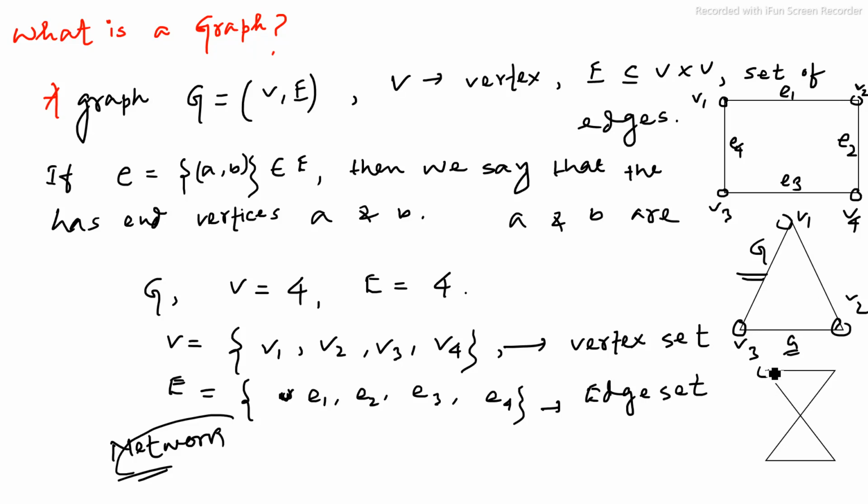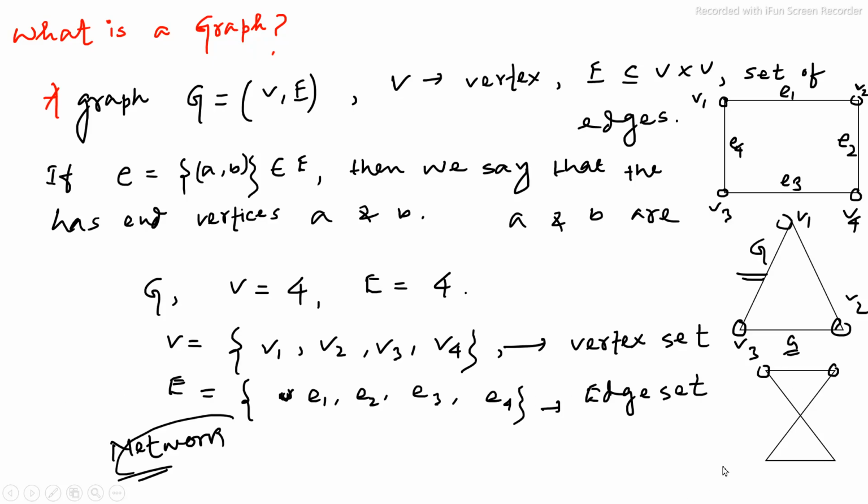This is also a graph where the number of vertices is 4 and the number of edges is also 4. But these two, G1 and G2, are quite different, though the number of vertices and edges are the same.